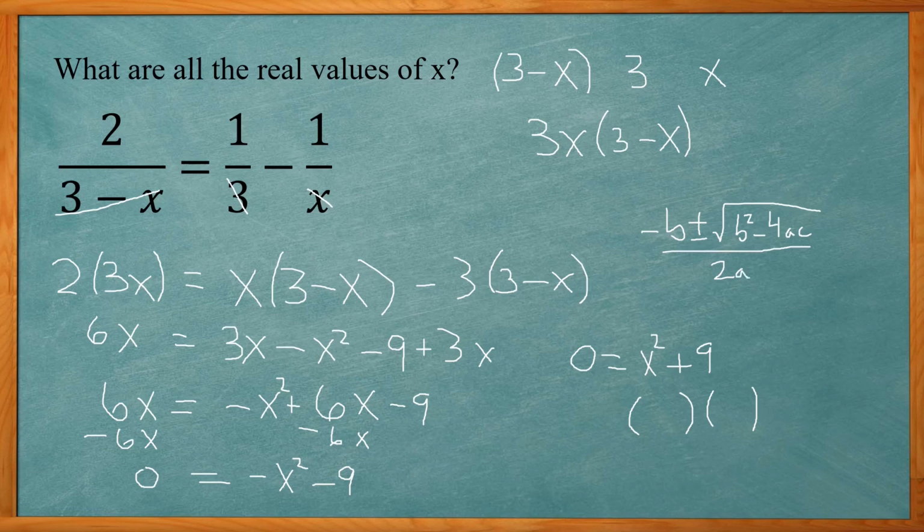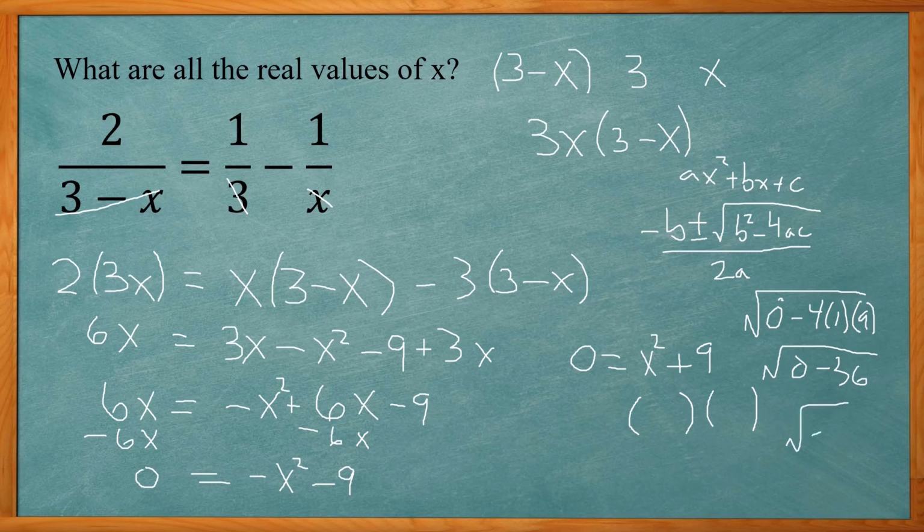Now if I just look at the square root part, our b, which is the coefficient of the x term, remember ax squared plus bx plus c, we don't have an x term here, so that's 0. 0 squared minus 4, our a is 1, our c is 9. So we end up with 0 minus 36, or square root of negative 36.